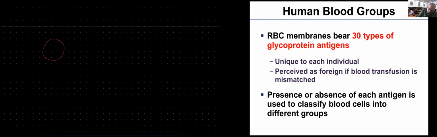If this is a transfused cell, I don't have antigen A on my red blood cells. So antigen A for me is a non-self antigen. And you've given me a blood transfusion containing red blood cells of a blood type A. So what will I do?